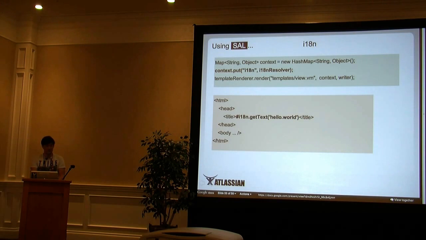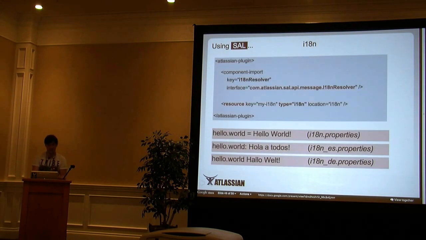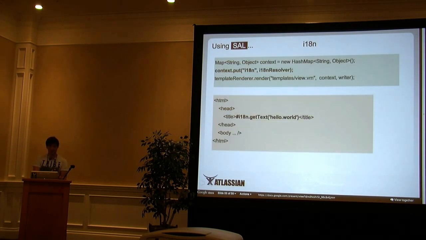So using the I18N resolver, once you've got this initial stuff set up, is really easy. All you need to do is inject that I18N resolver component that we've added a component import for into any of your views. Generally, you'll put the actual I18N resolver into your velocity context, and then directly invoke it inside your view. So up the top, we've just got a view, say maybe a servlet or something like that.